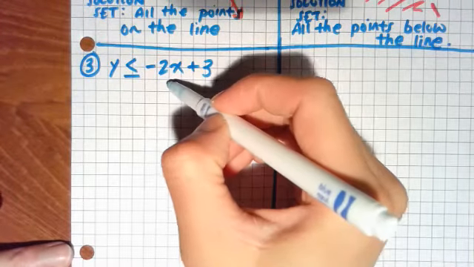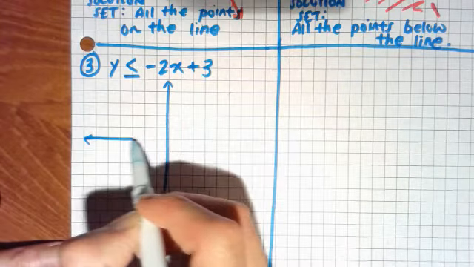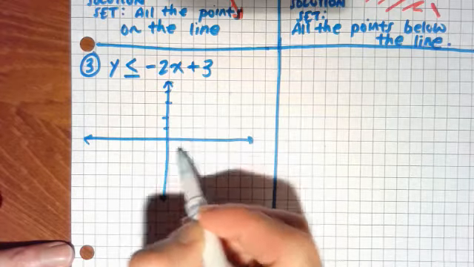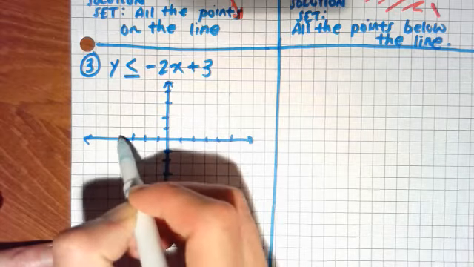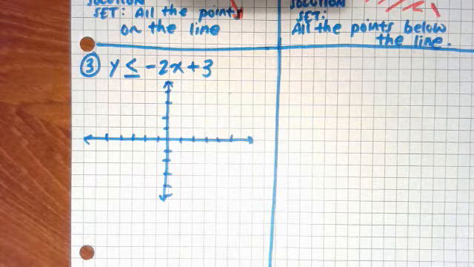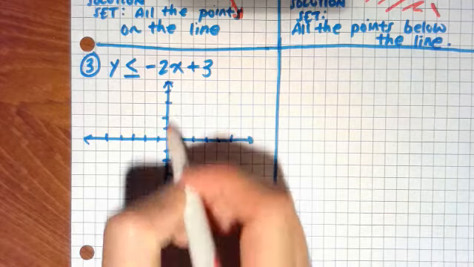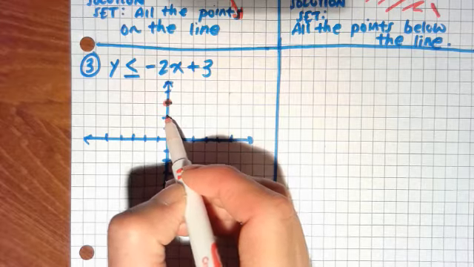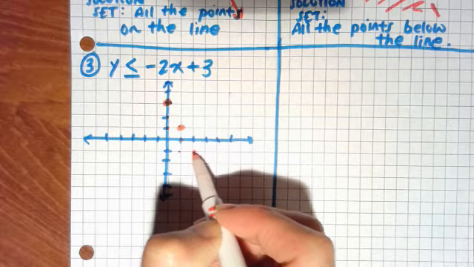Okay, you can do this same thing, set up our xy coordinate plane. And we're going to use the same set of starting points, right? Because we have the same slope and the same y-intercept. So let's put the y-intercept in, and let's put in the slope, negative 2, rise of negative 2, run of 1, down 2 across 1.